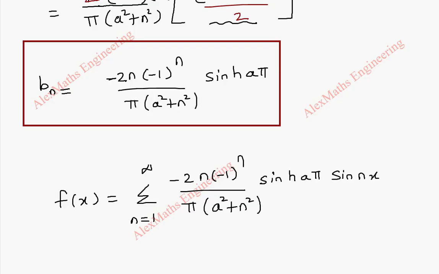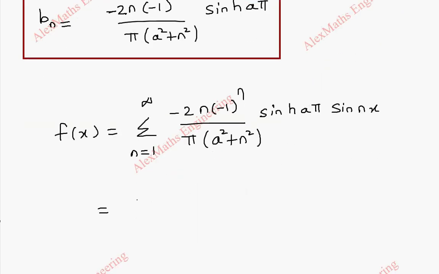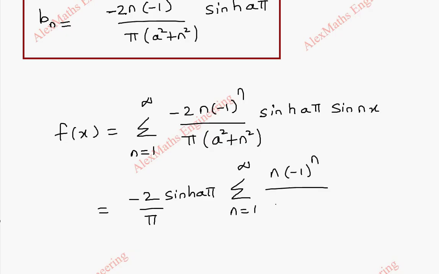So all the constants can be taken outside the summation, minus 2 by pi sinh a pi. After taking this common, we have summation n equal to 1 to infinity n into (minus 1) whole power n by (a square plus n square) into sin nx. This is our expansion formula, I mean the expansion of the given function f of x.